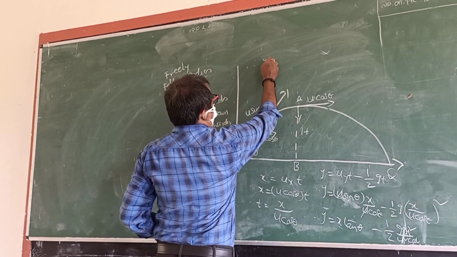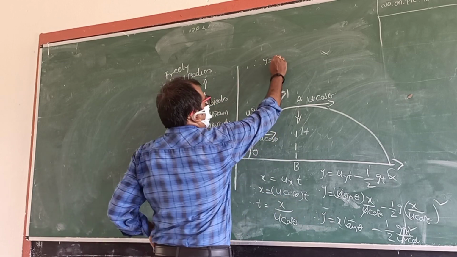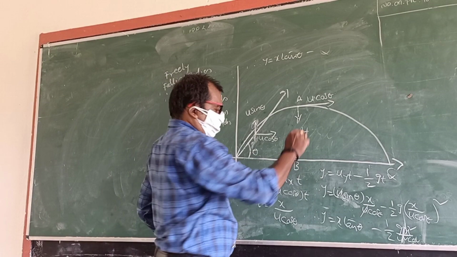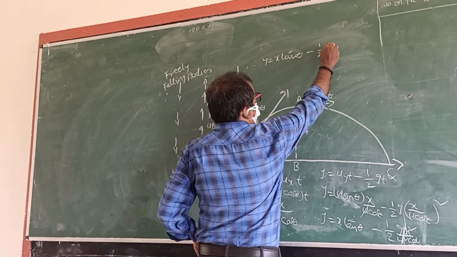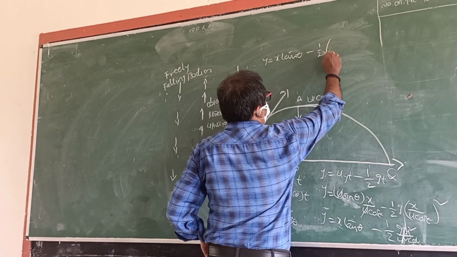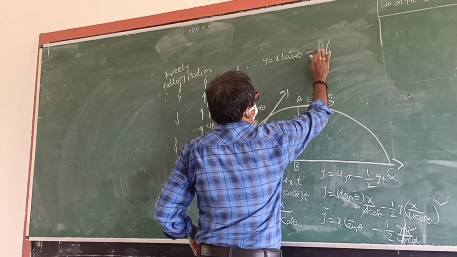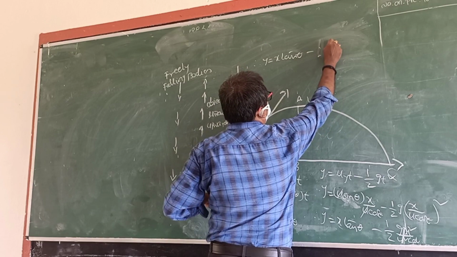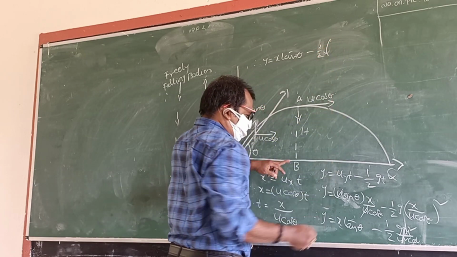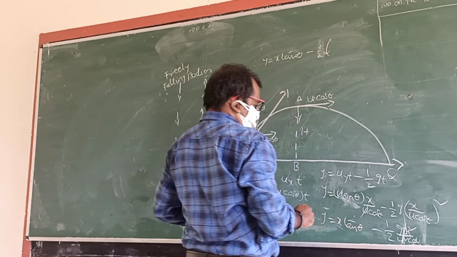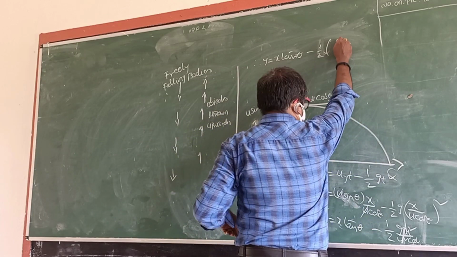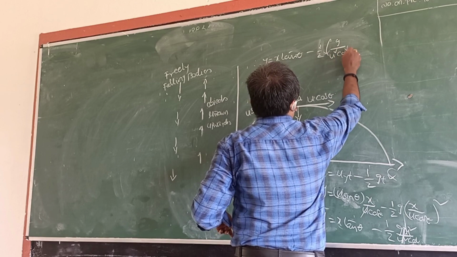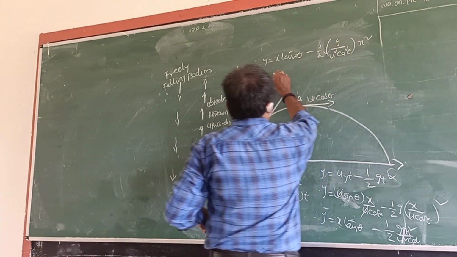Therefore, vertical distance y is equal to x tan theta minus 1 by 2 g by u square cos square theta into x square. Let us rearrange these terms.